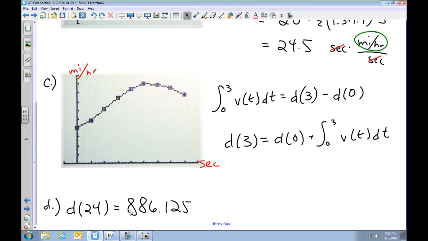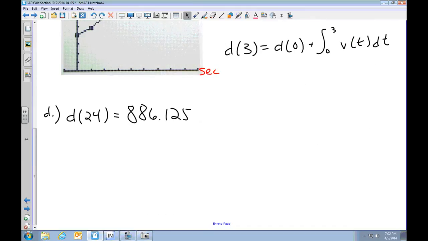I'm going to go ahead and write that down, but I'm going to put the units here along with it, and this is why units are critical for any type of problem. My x units are in seconds, my y units are in miles per hour. So we get some weird units here, miles seconds per hour. I don't know how you want to read that off, but that's not usually how we measure a displacement.